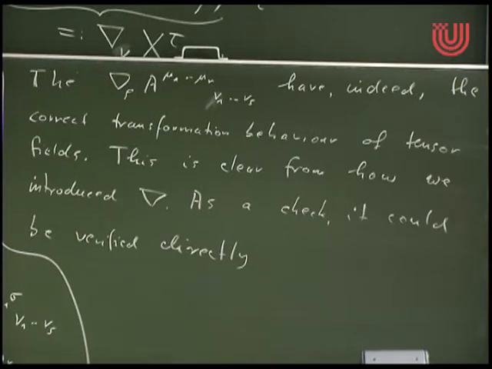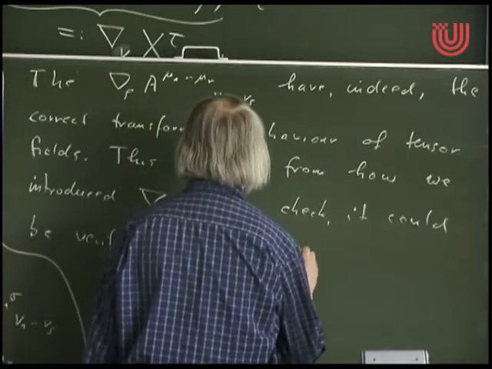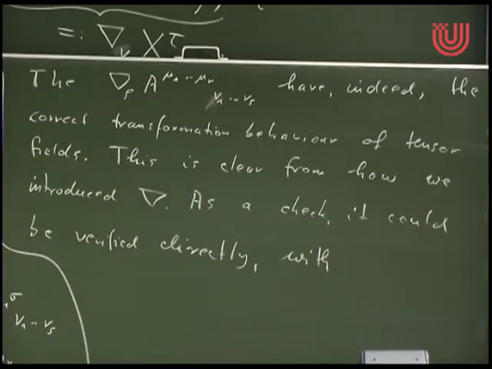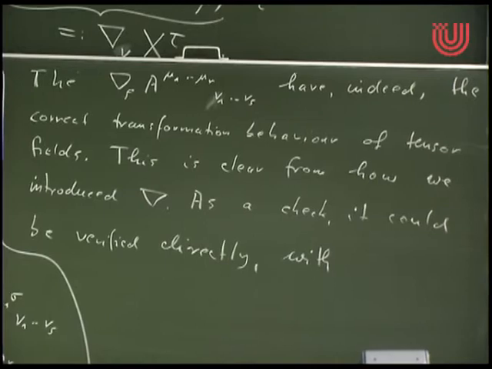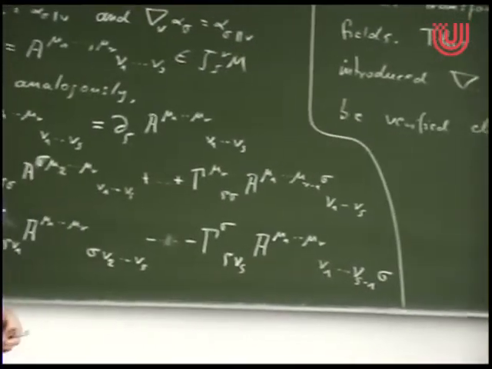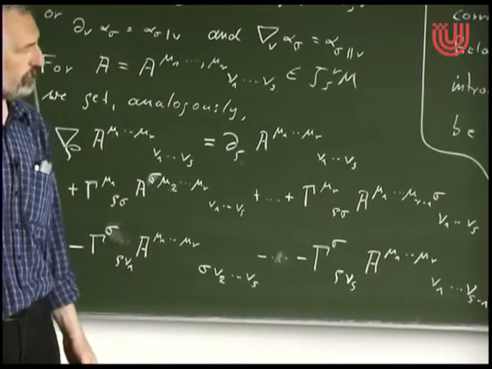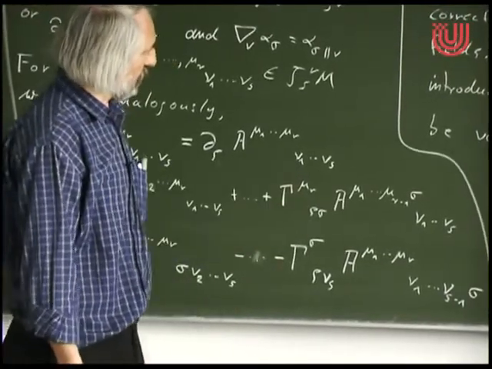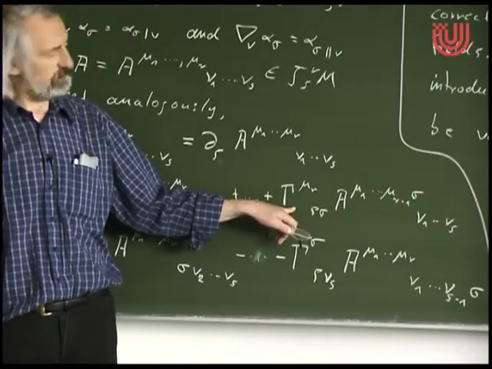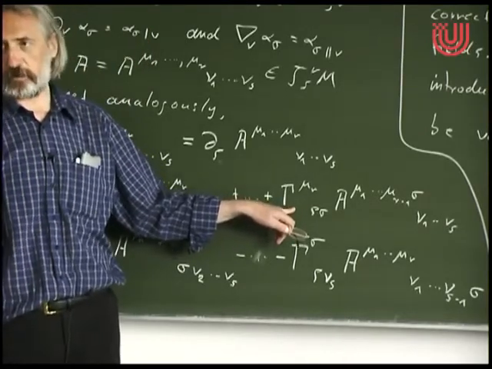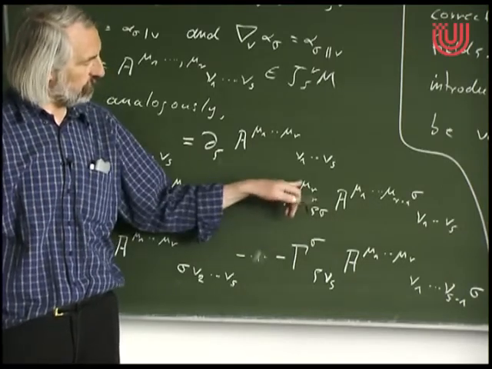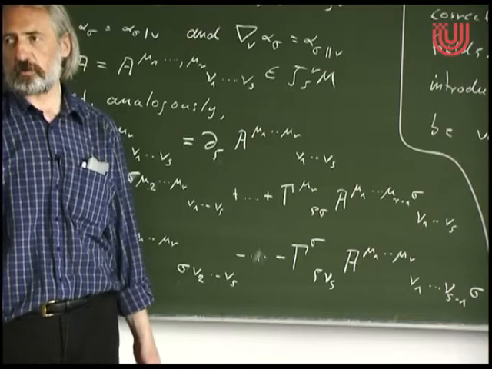The first thing which you would have to derive if you would like to verify this is the transformation behavior of the gammas. And that's something we do in the next worksheet also. So we will see how these gammas transform. They do not transform tensorially. And that's the fact that the del is not a tensor field, which I've mentioned already. So these objects do not transform just with the Jacobi matrix or with the inverse Jacobi matrix.